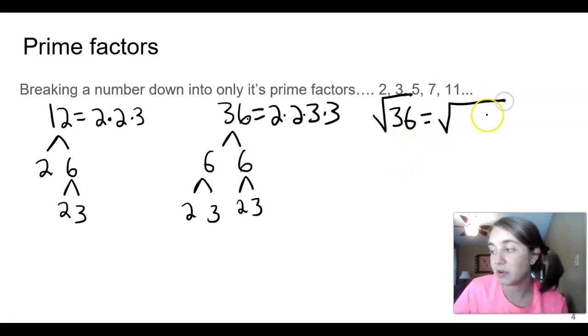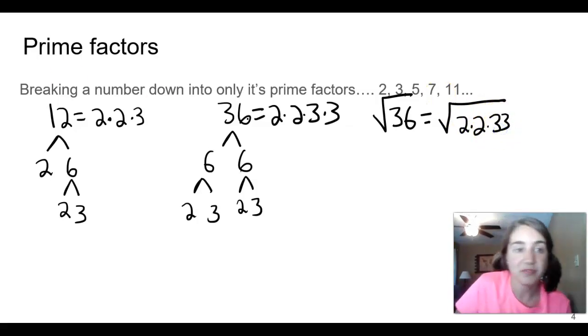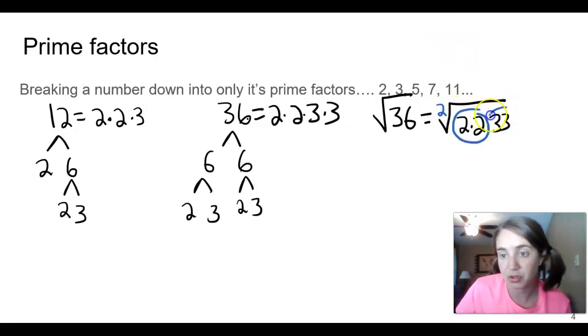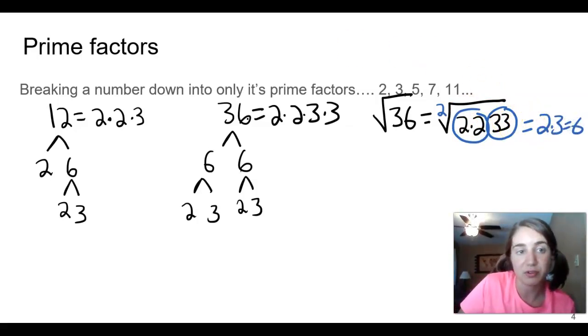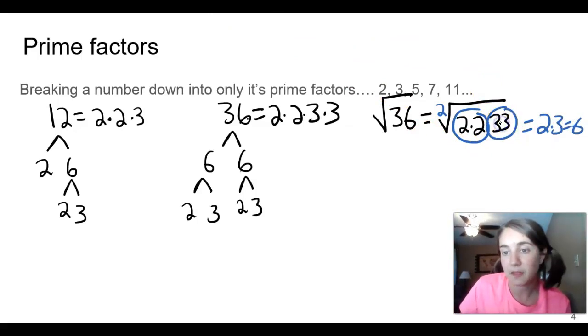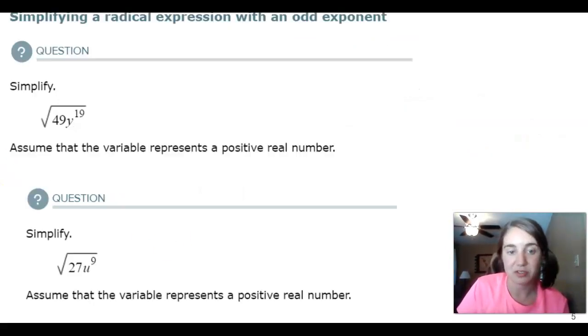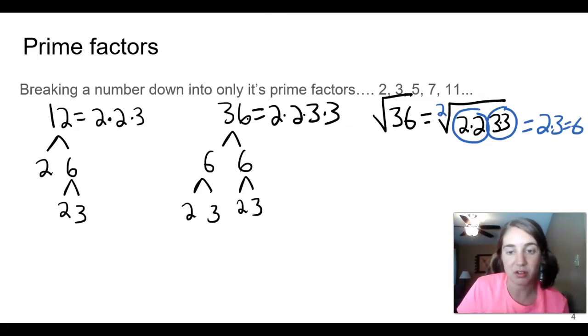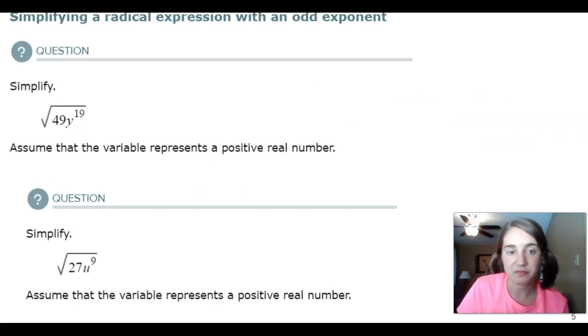Well, let's take a second to think about why. 2 times 2 times 3 times 3. It's asking us to group things by 2 whenever it's asking for a square root. So I can pull out one group of 2 and one group of 3. So I have 2 times 3, which gets me the 6 that I know the square root of 36 is. So that's how prime factors work. So we're going to start applying those along with variables.